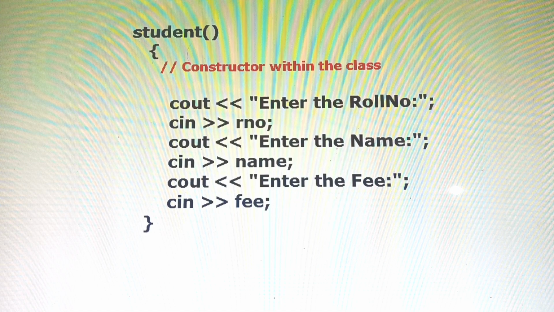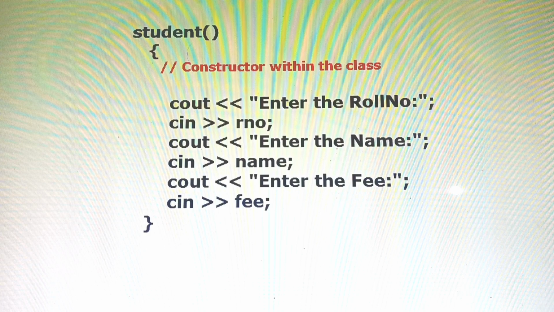The constructor name is Student; the class name is also Student, and both should be the same. Then define the constructor with the details: give the prompt statements for roll number, name and fee, then give the input statements for roll number, name and fee one by one. Then close the brackets; the definition of the constructor is over.